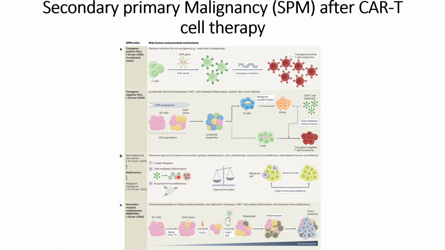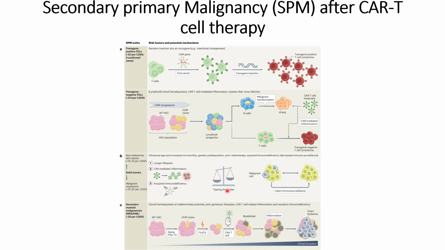So the speculation is that because of the acquired immunodeficiency, patients might develop some secondary primary malignancies, or the secondary primary malignancies might occur because of the older age the patient has acquired, and these are the tipping scales.